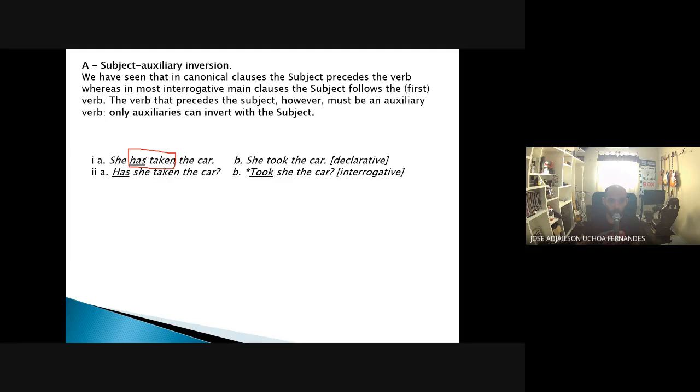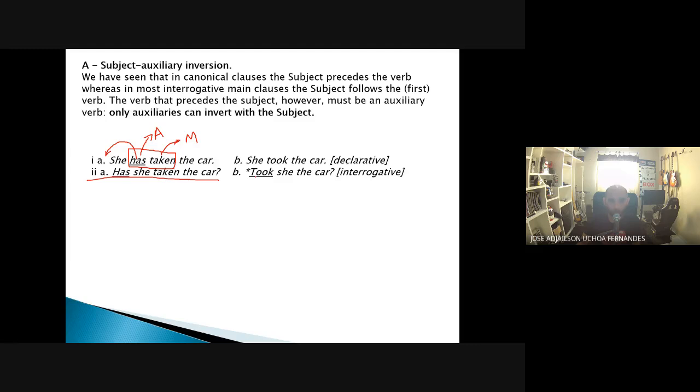This is the main verb, and this is the auxiliary verb. How do you know that? Because when you ask the question, you have this kind of inversion in 2A here. Has she taken the car?